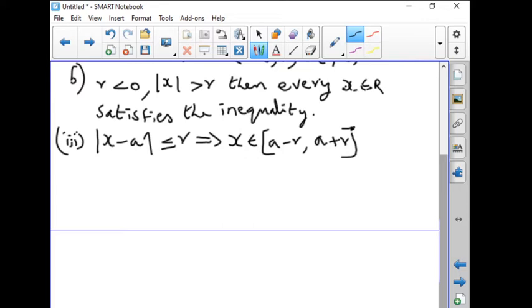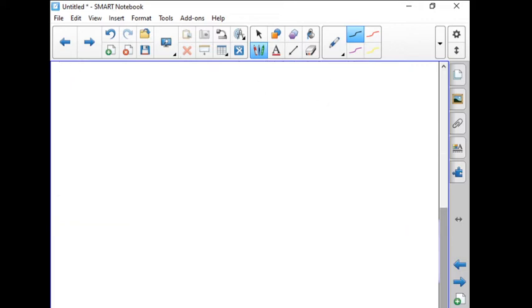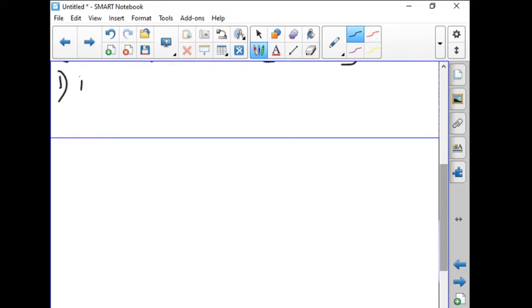Okay. So we'll see question number 1 in exercise 2.2, first question. So what is it? Modulus of 3 minus x is less than 7.